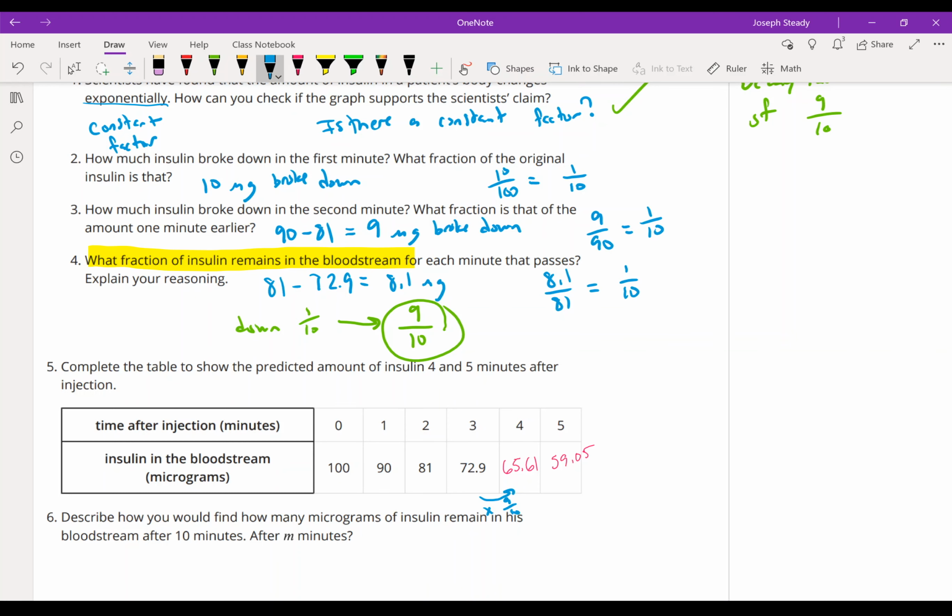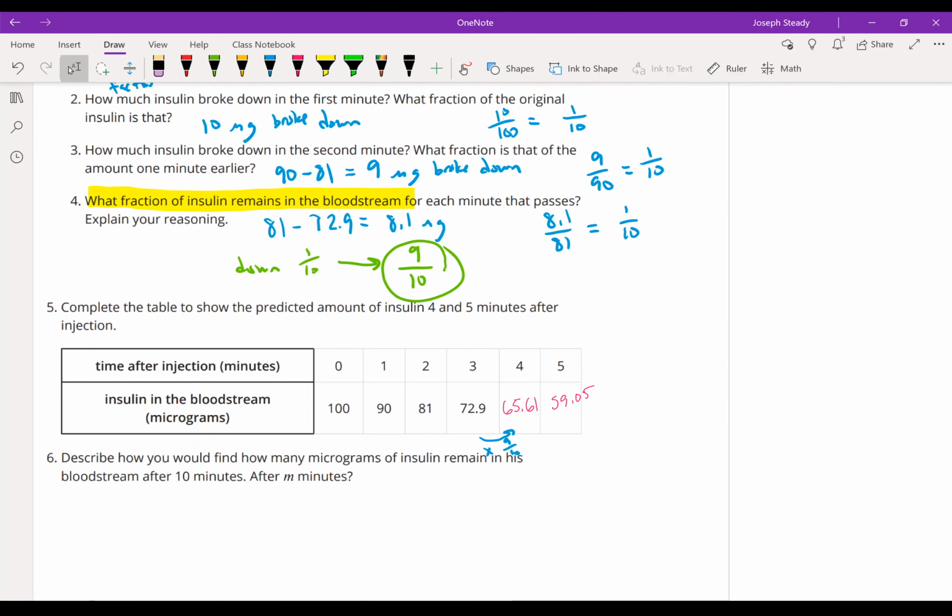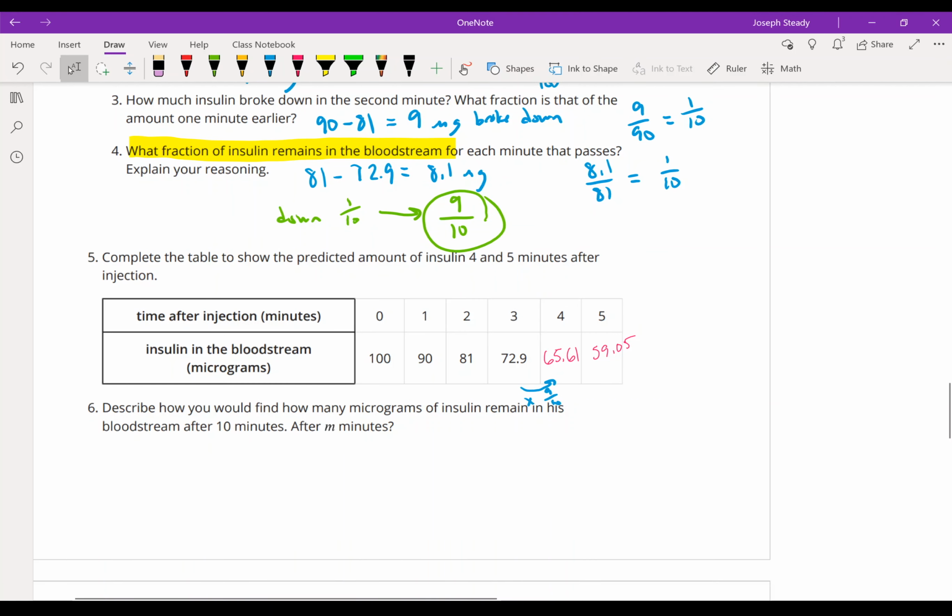So we could keep going with this, right? I could do times 9/10 times 9/10 times 9/10, but we have a shortcut for doing this, right? For repeated multiplication, we can use exponents. So if I want to find how many micrograms of insulin remain after 10 minutes, I can say, okay, well, the amount of insulin is going to equal, we started with 100, and we're going to multiply by 9/10 10 times.